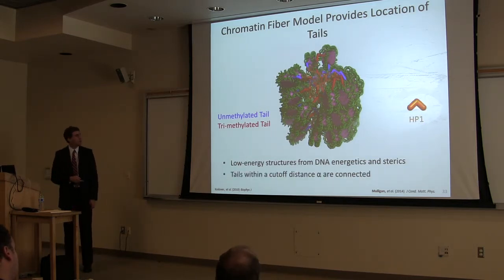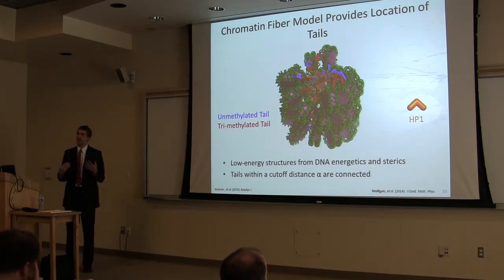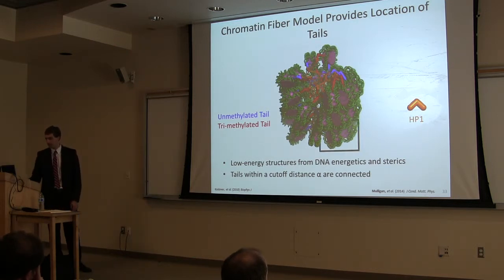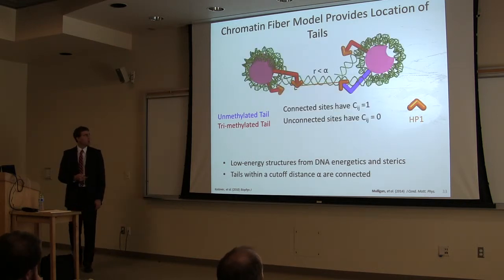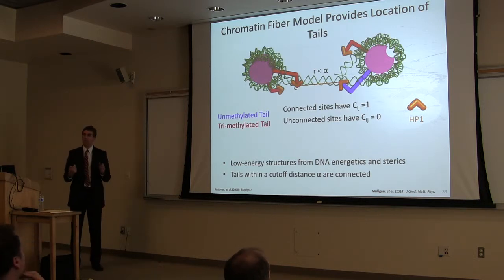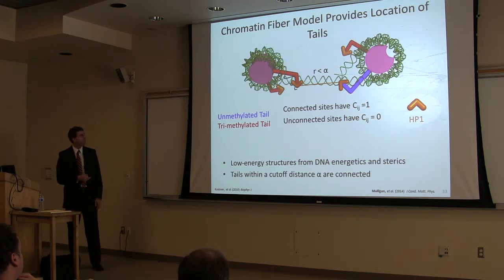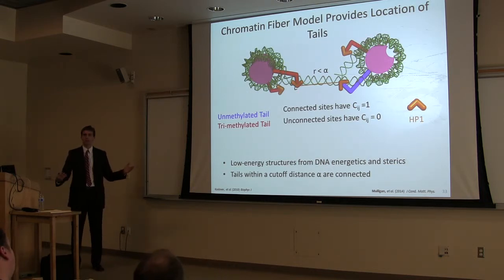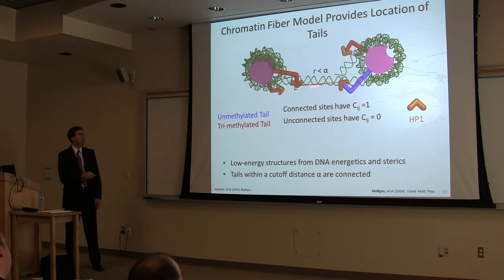Now, HP1 can bind to these tails, and the orange lines indicate the interactions that can occur between HP1 molecules. If we zoom in, we can define that there's going to be some distance over which the HP1 could interact. If two tails are very far away in the structure, the HP1 couldn't interact with them, but HP1 bound to nearby tails could.